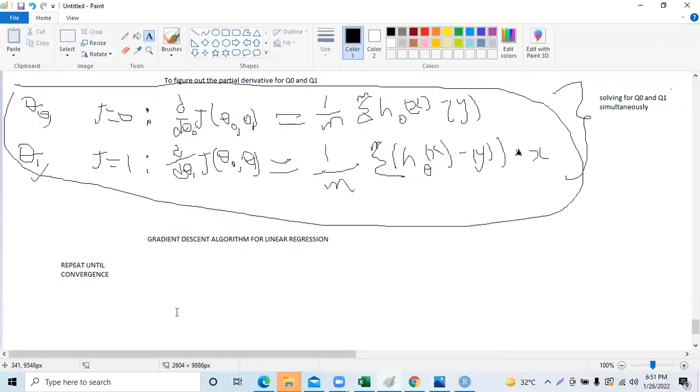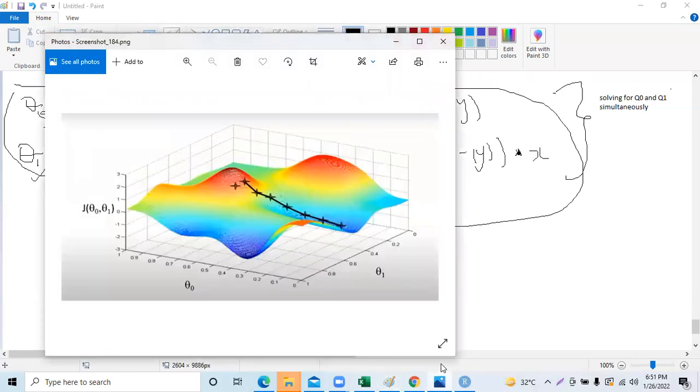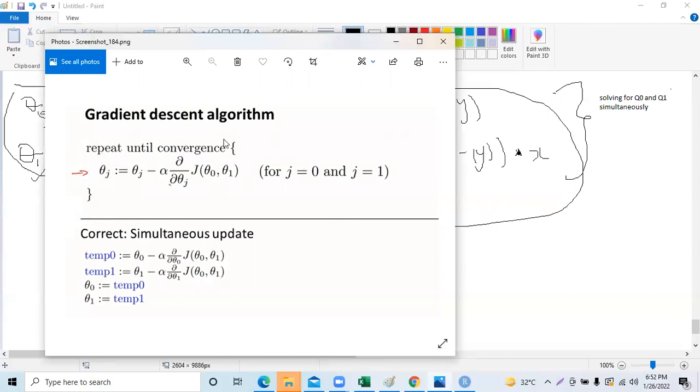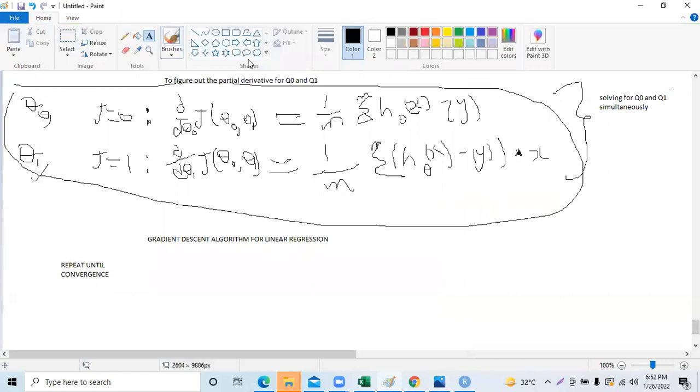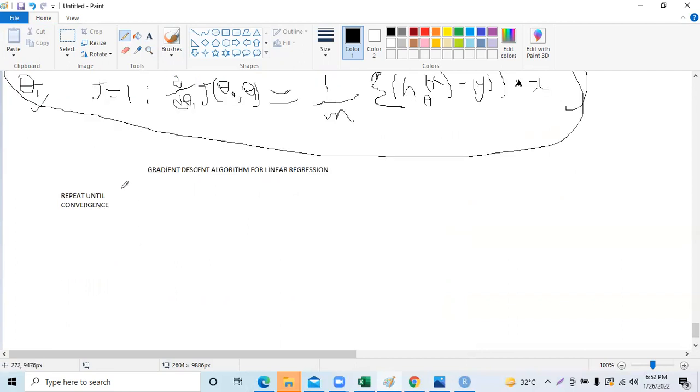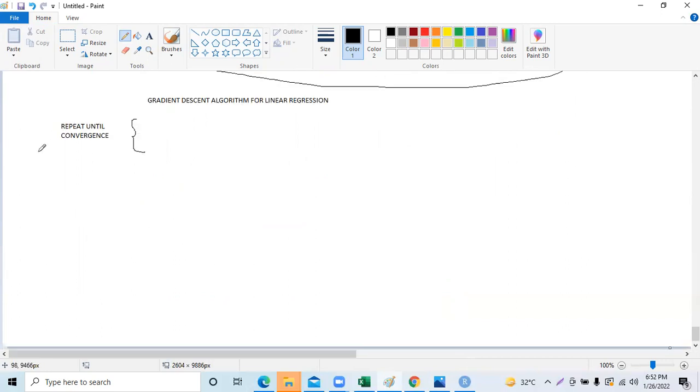Then we have something like this, and we have theta 0.